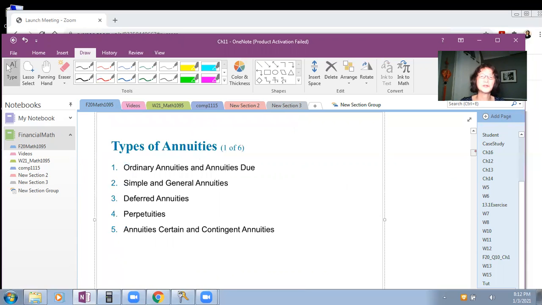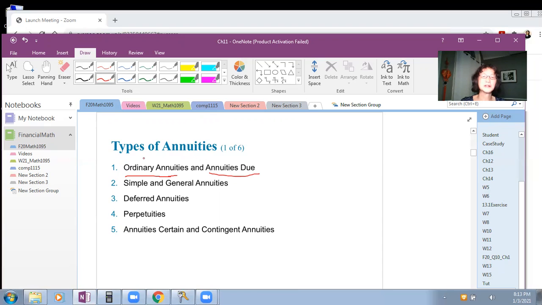We have different types of annuities. One is ordinary annuity and annuity due. This depends on whether you make payment at the beginning of the month or at the end of the month, at the beginning of the year or at the end of the year.